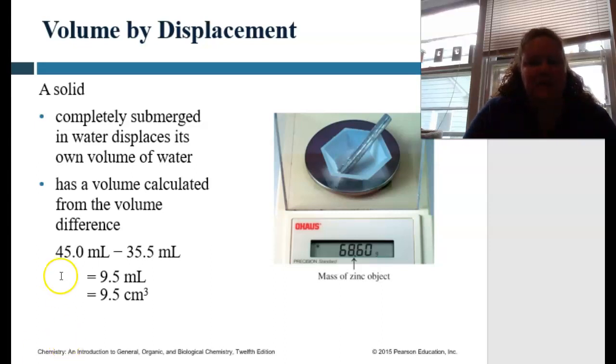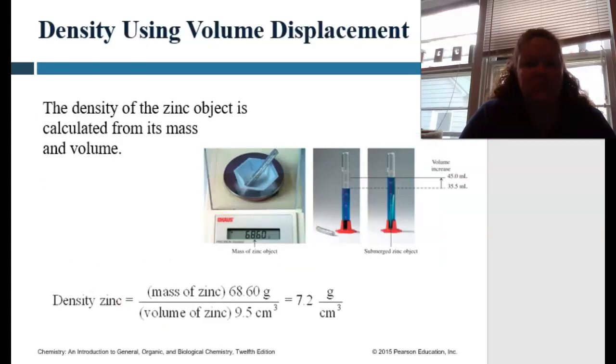For instance, if we have 45 milliliters and we subtract 35.5 milliliters, because this was the original volume, we put an object in, and that was the new volume. When we subtract that, we can figure out that the difference was 9.5 milliliters. And then again, using that conversion, that would be 9.5 centimeters cubed, right? This is just a fun little thing that we can do, and it's very, very helpful.